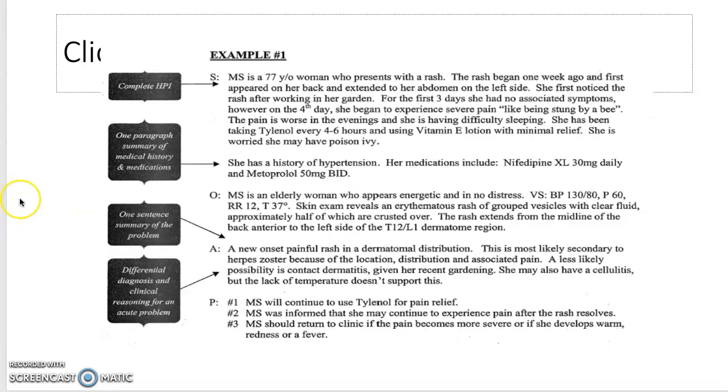So next we have a few examples of SOAP notes, and I like these examples because of the speech bubbles where it gives you the rationale and why you're writing everything. And again, you'll see that there are different ways of documenting. For example, in this example, this student's subjective is a complete HPI, and then she writes at the bottom just a one paragraph summary of the medical history and the medications.